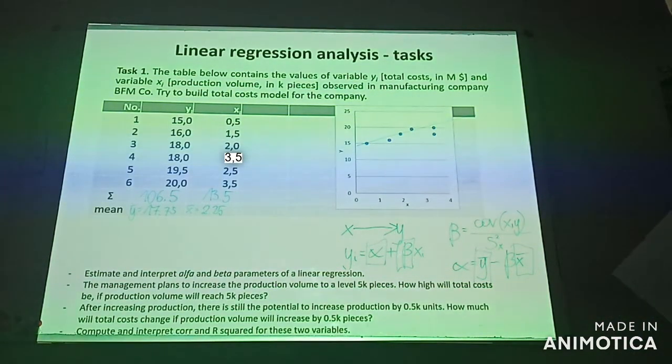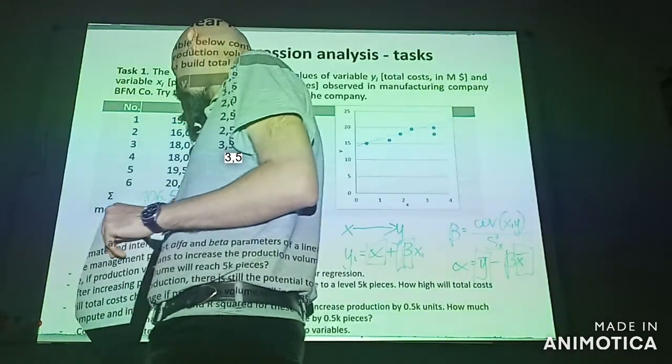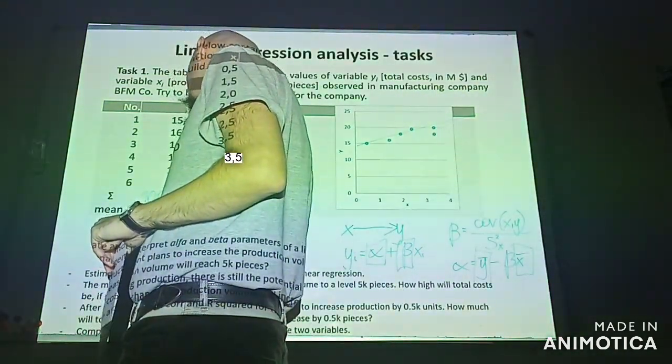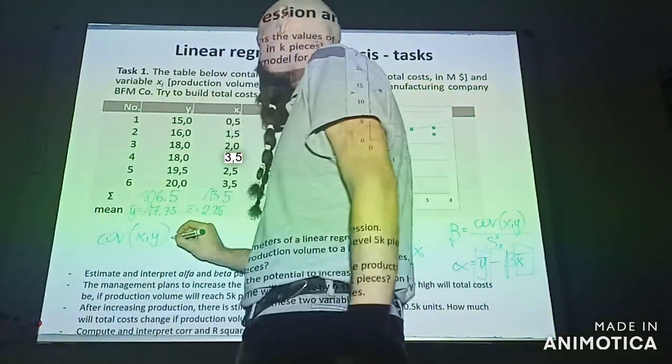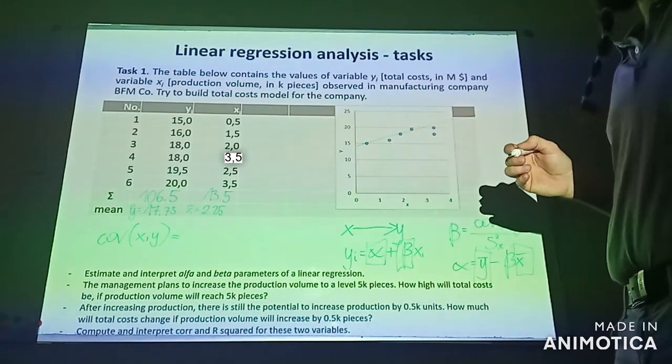All right. And the next step will be computation of the covariance. As you know, covariance between the values of x and the values of y can be marked by the formula.